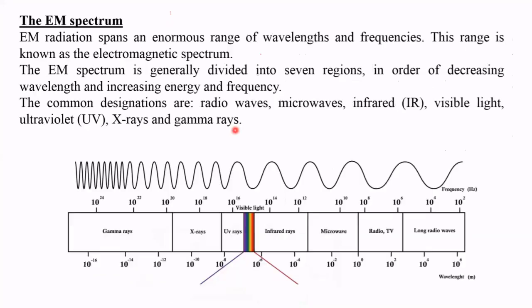Now come to X-rays and gamma rays. Here we have to know about the electromagnetic spectrum. Already I told what electromagnetic radiation is. Now we see the spectrum of electromagnetic radiation.